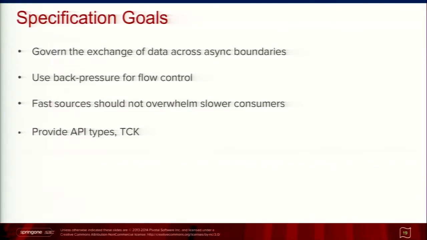And just to put it in context, let's say you may have a Mongo or Couchbase database, and in order to work in a non-blocking way, we need some sort of contract to pull data as we can process it. If that data is just pushed at us and it's coming too fast, then we're not able to process it, and then we have to queue it, we have to buffer.